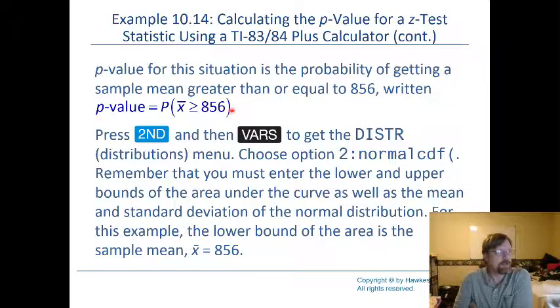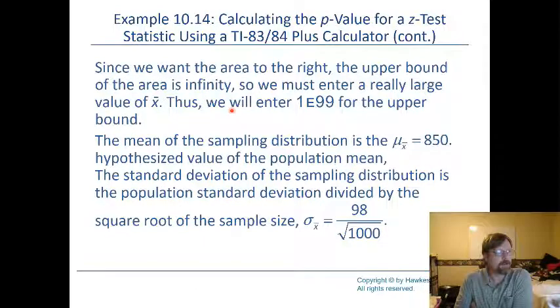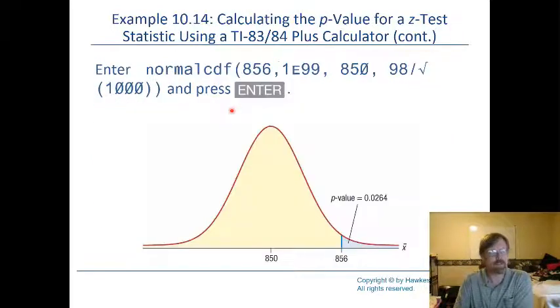So if we input it into our calculator, following those directions, put in that formula, we're dealing with the normal function. There's the sample mean we're testing. We're after a right tail, so we just pick a really large number off to the right.